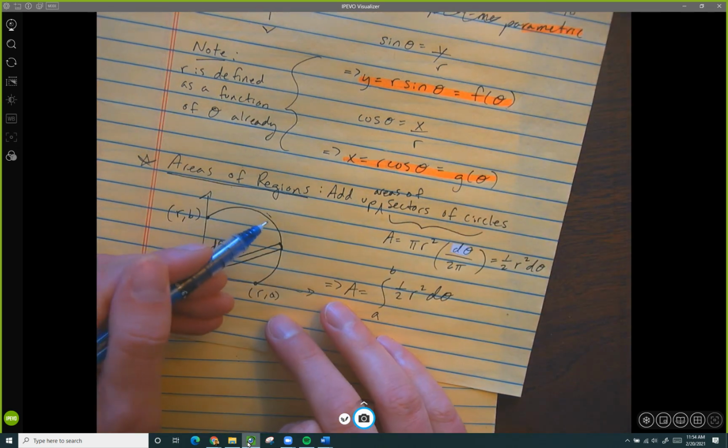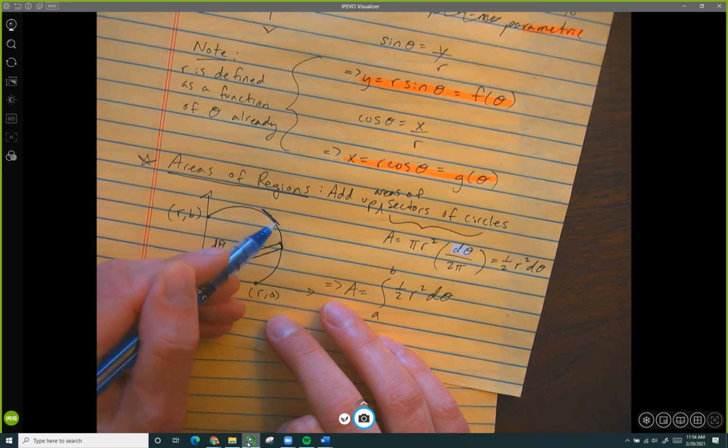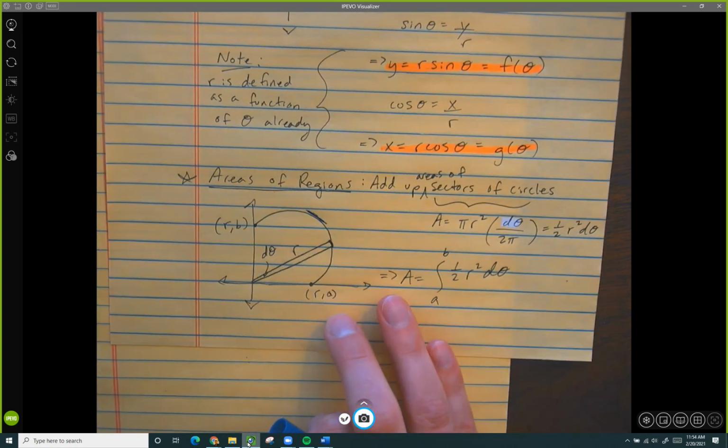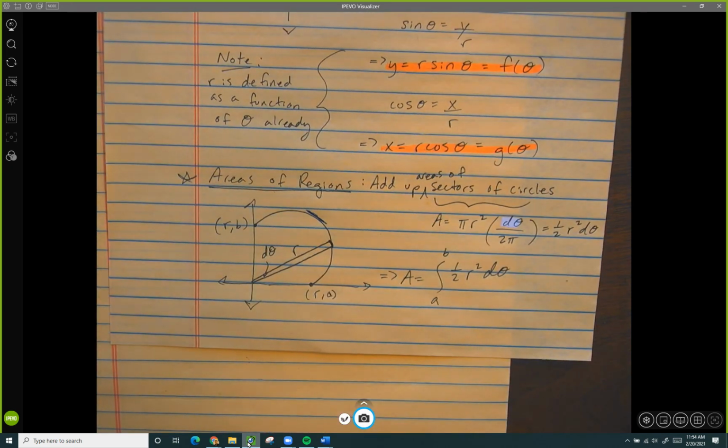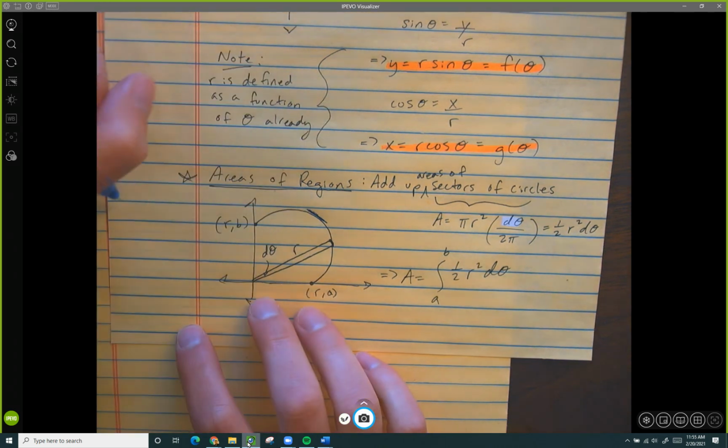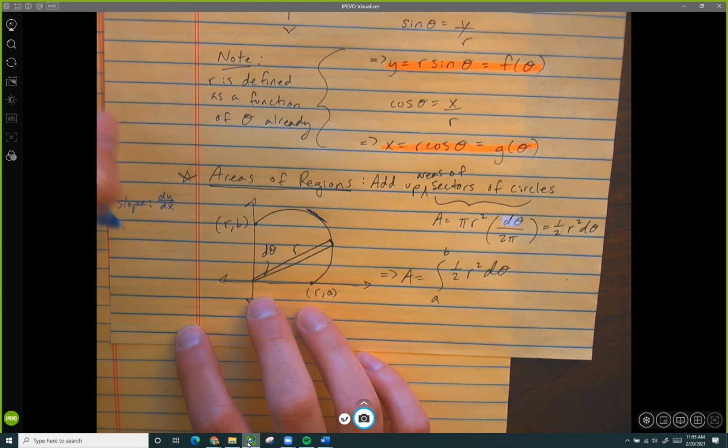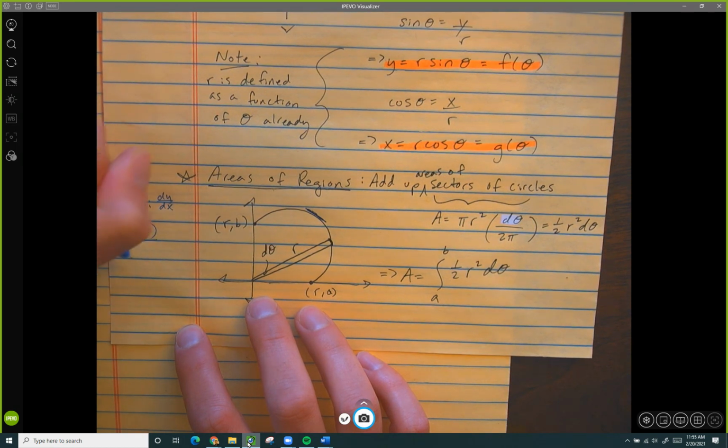So the slope, it's still dy over dx. But in order to get dy over dx, it's dy over d theta over dx over d theta. It's the same as it is for parametric.